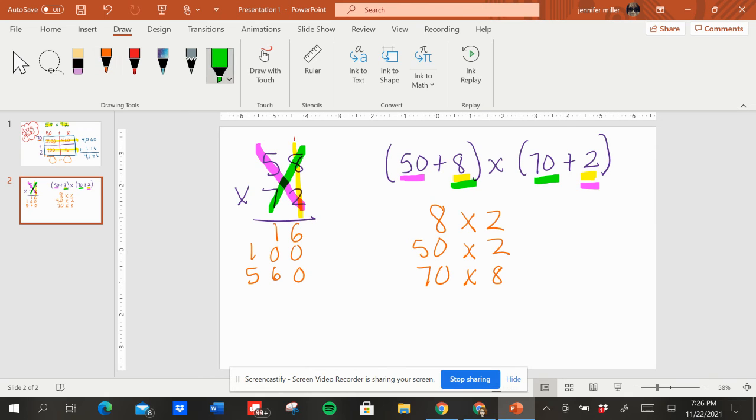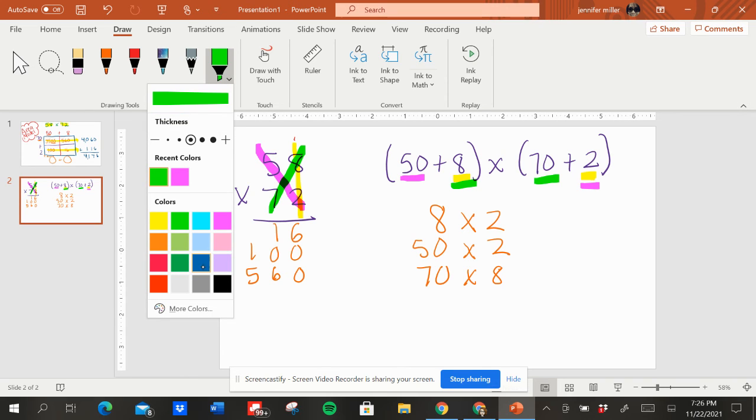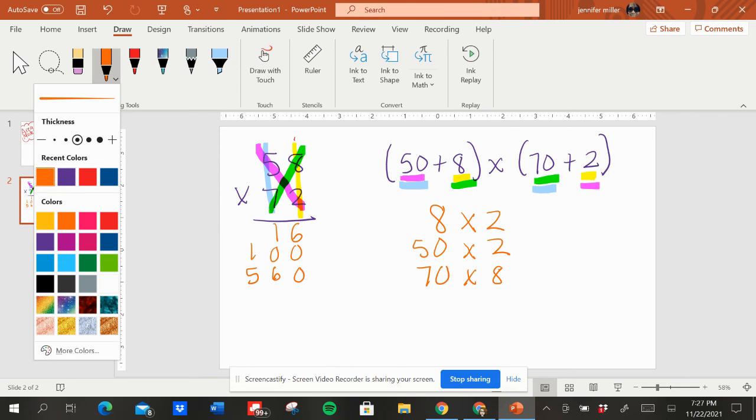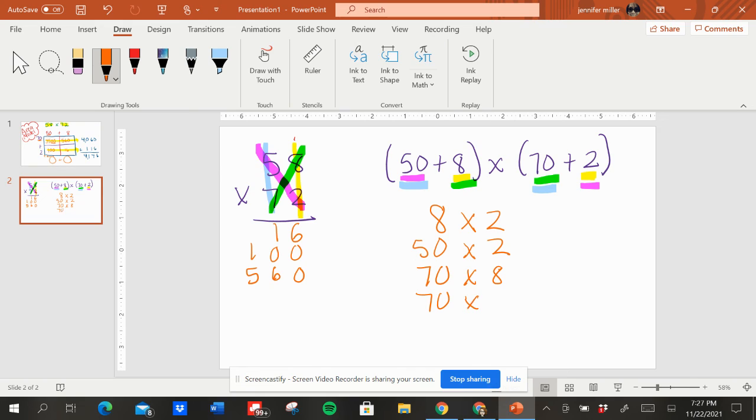And then the last one that I want to look at is my tens and my tens. 7 tens multiplied by 5 tens. That's the same as 70 times 50. So 70 times 50. Same thing, I'm thinking 7 times 5 is 35, and it's going to be 3,500.